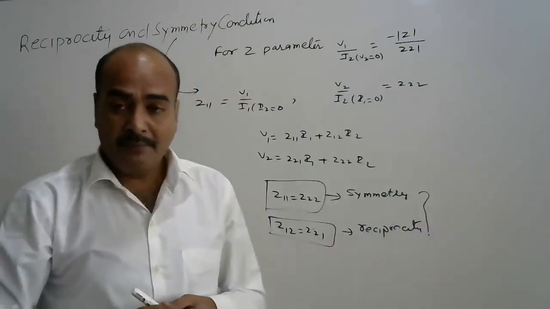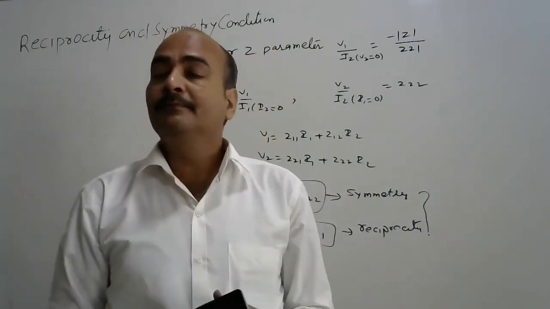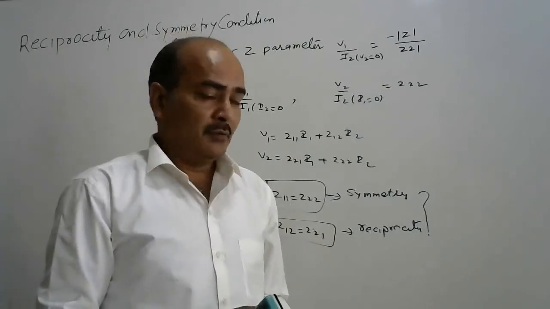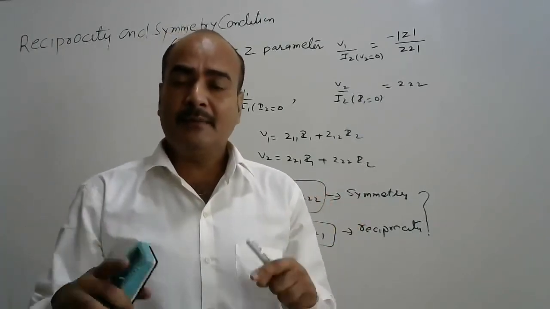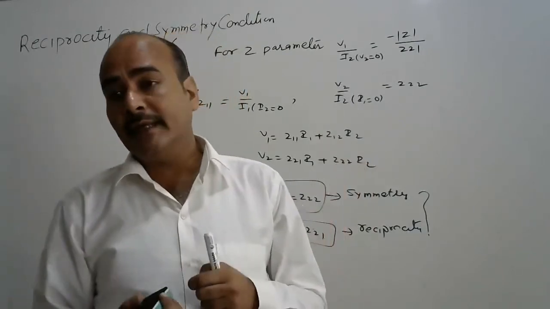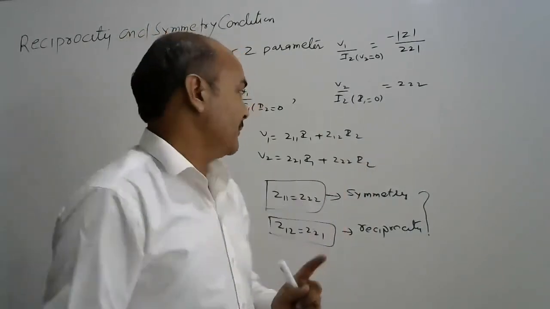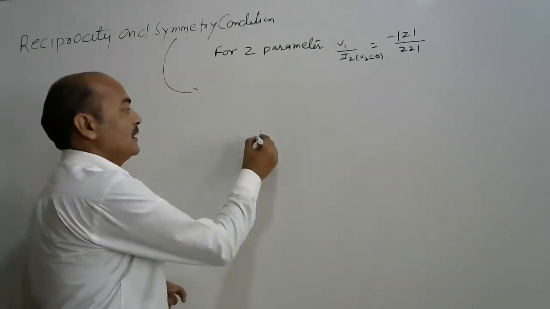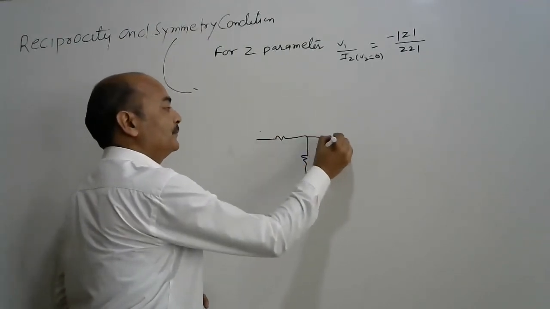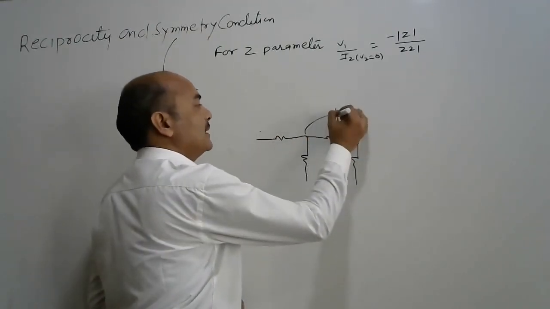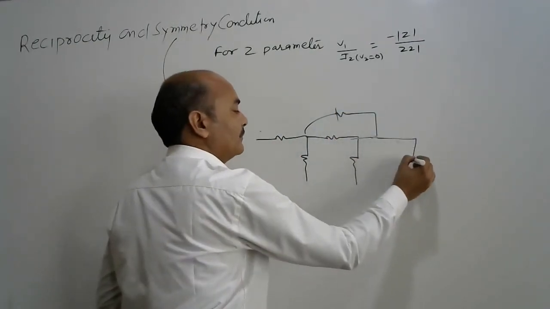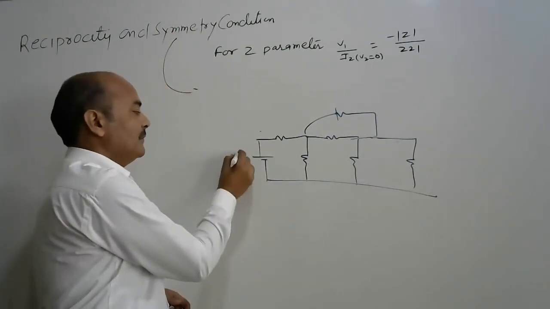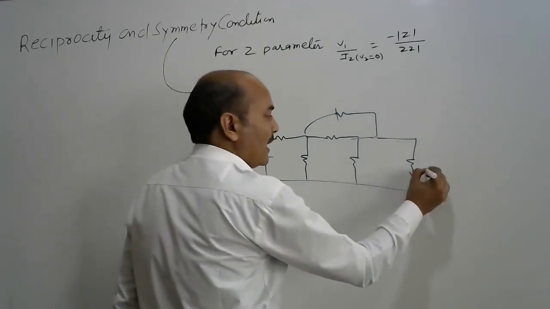Sometimes questions in the GATE exam are based on the reciprocity condition, so I will discuss one question. Always remember, when there are only resistors in the circuit, the network is a reciprocal network. Suppose this is a network, and we apply a voltage V1 and the current is I1.